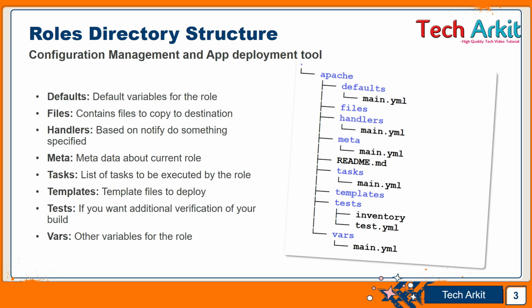Defaults hold the default variables for the role. The files directory contains files to copy to the destination, for example configuration files or application files you want to copy to the remote client, wherever the Ansible node is. So you can drop all those files into this files directory.